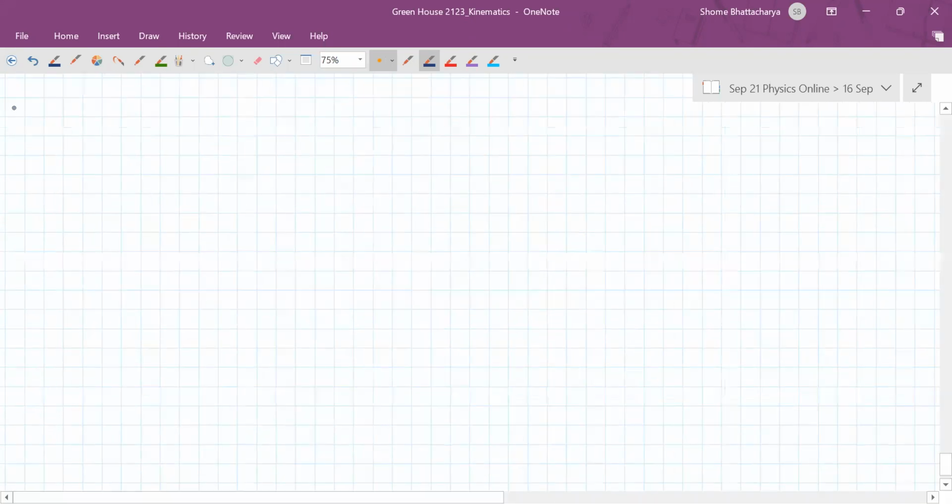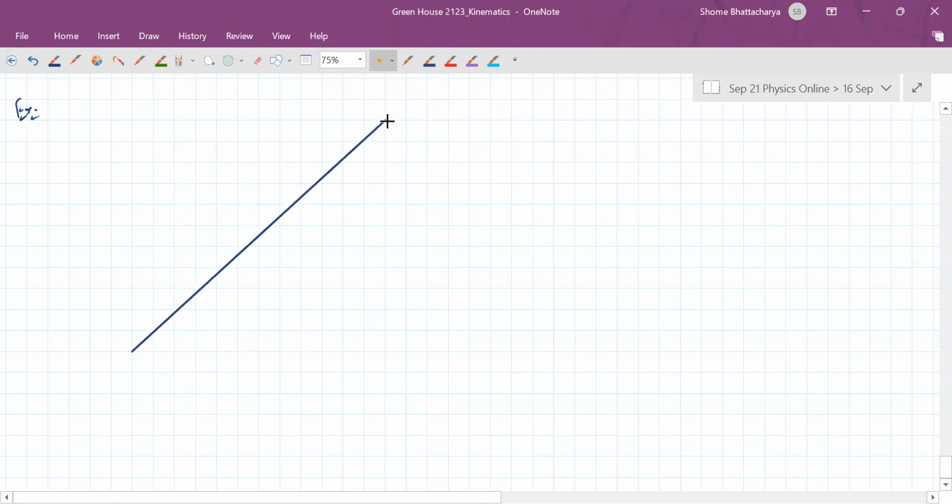So let's do another example problem. We have an inclined plane at an angle of 53 degrees.